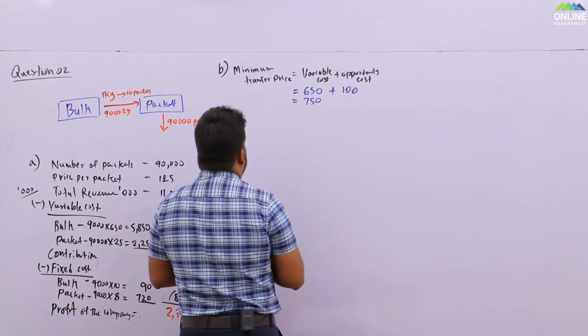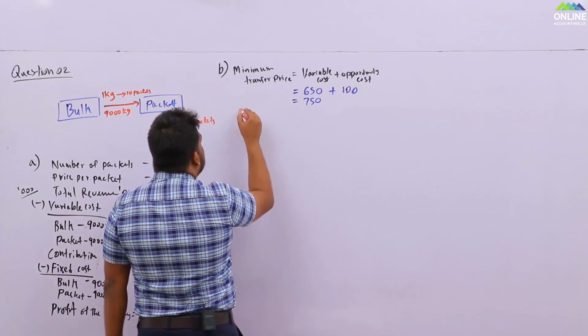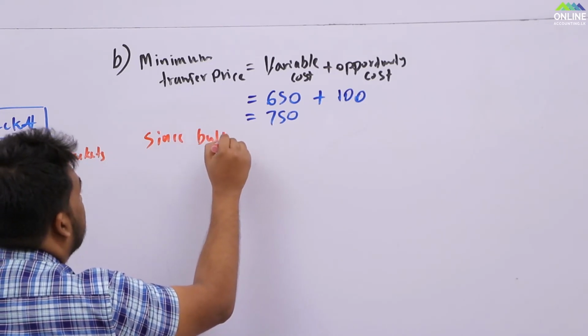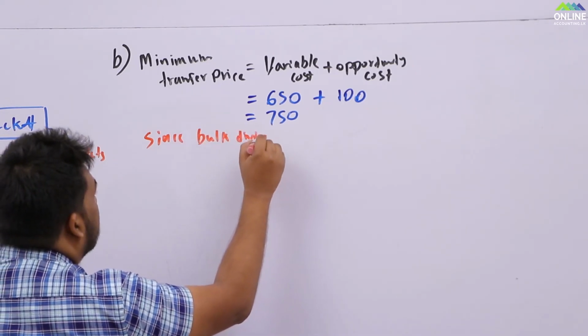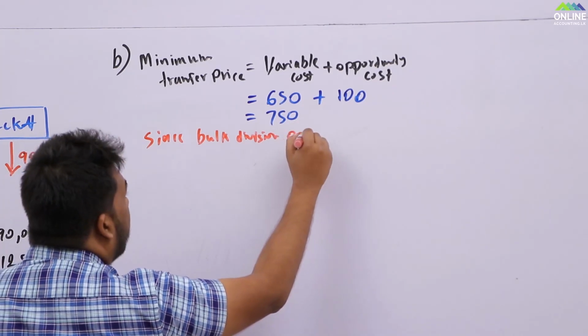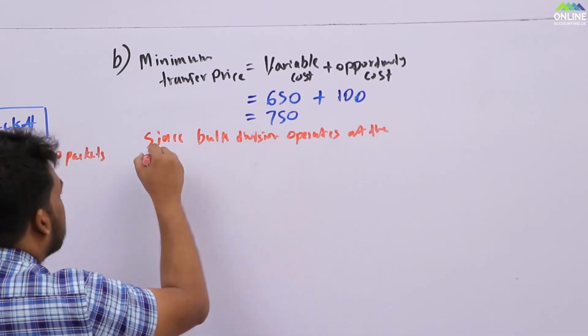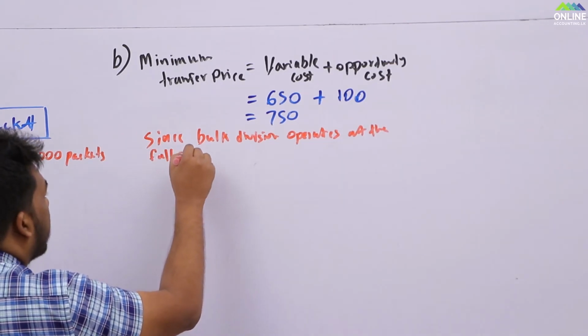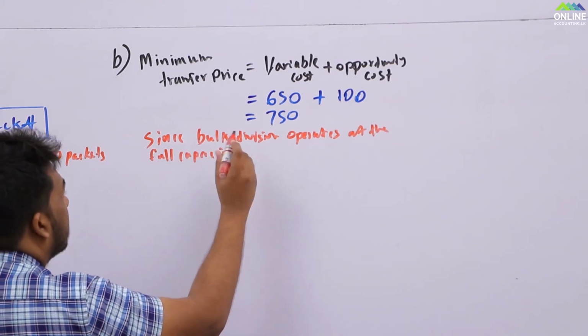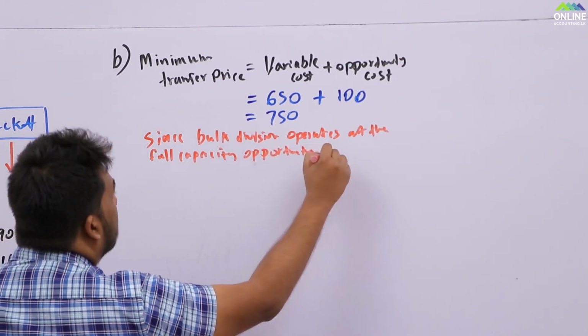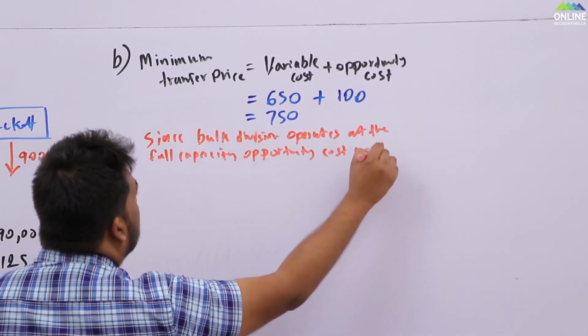Why? We may have to state that since the bulk division operates at full capacity, opportunity cost would be 100.